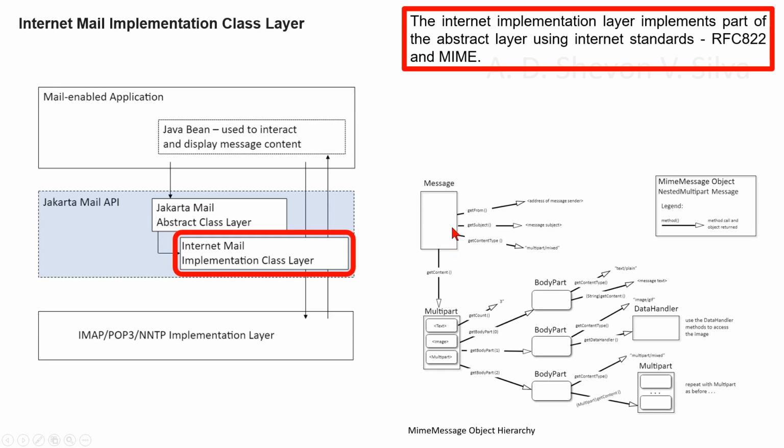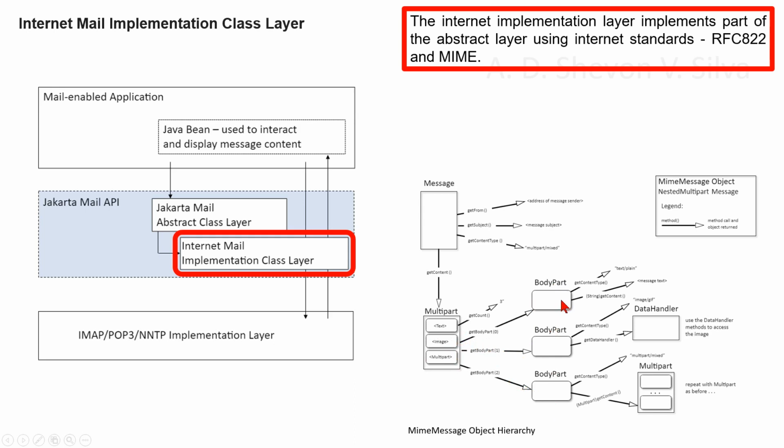In Message, the getContent method returns a Multipart. Multipart consists of text, image, multipart. Here in Multipart, getCount returns, for example, 3, and getBodyPart returns body parts.